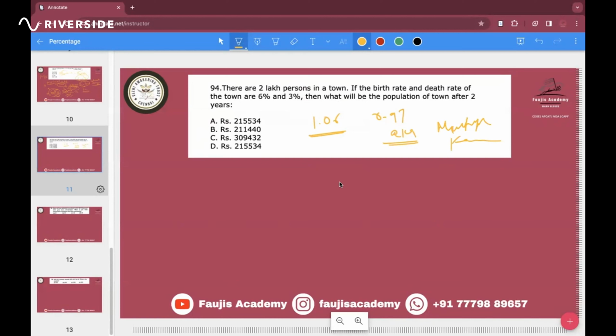I will teach you multiplication and how to do it in a single line. Okay. So 0.97 and 0.97 you were supposed to do, right? So let's write 97 like this. This is completely off topic, just for the sake of understanding.